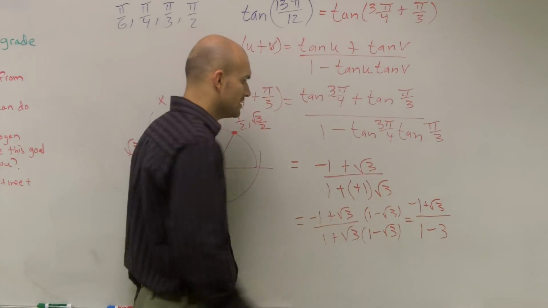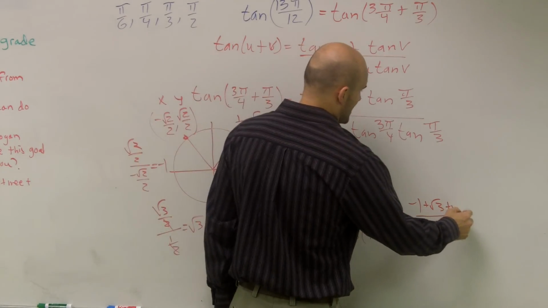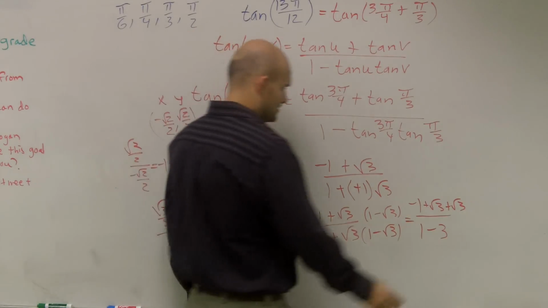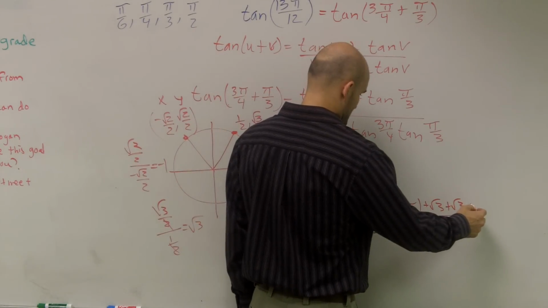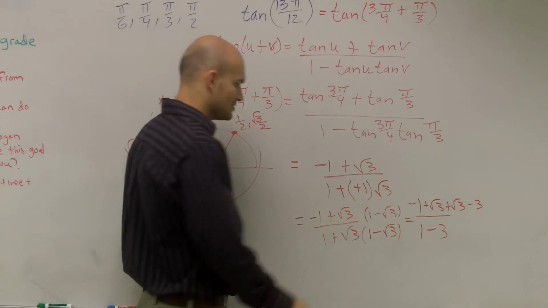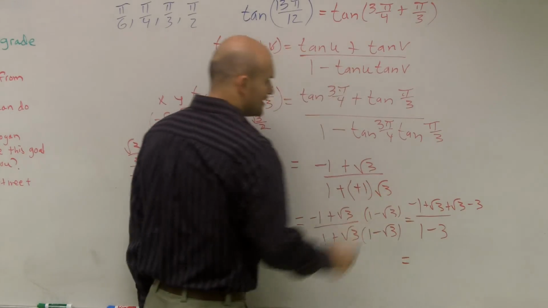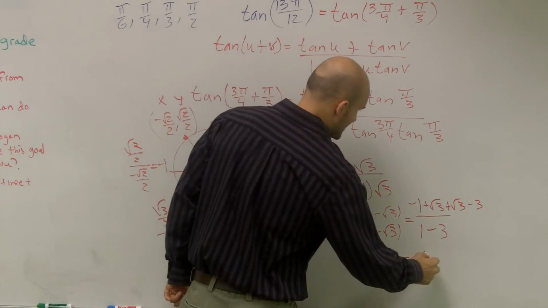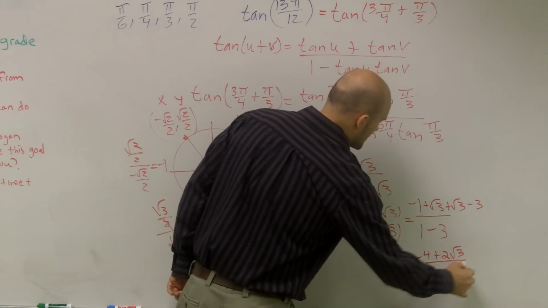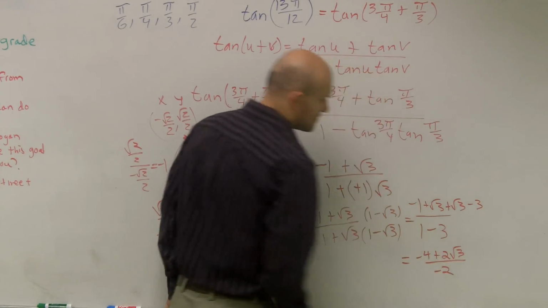Negative 1 times another negative radical 3 gives me another positive radical 3. And negative radical 3 times radical 3 gives me a negative 3. So now I combine my like terms, and negative 3 plus negative 1 gives me negative 4 plus 2 radical 3 all over negative 2.